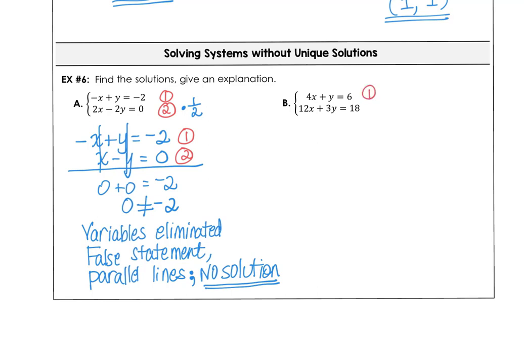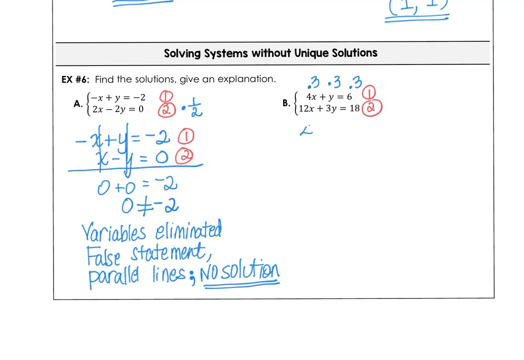Then part B, can you see that one equation is just a multiple of the other equation? If you thought about this, 4 times 3, 1 times 3, and 6 times 3. If you see that, you can know that you have coinciding lines since they're the same.